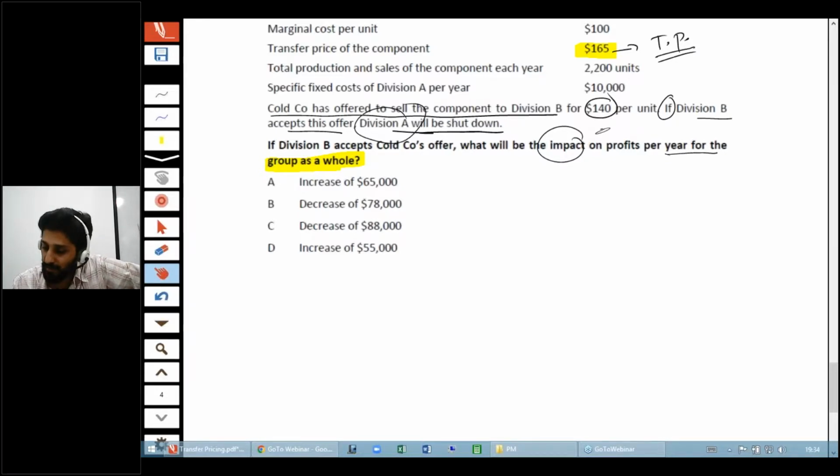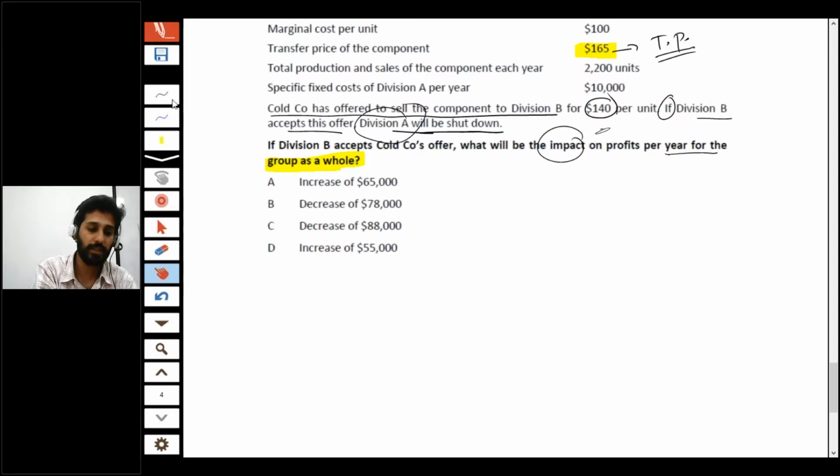At 165, I am purchasing it from you, and the supplier is ready to give me at $140. So I will be purchasing it at $140. So $25 is being saved from my side, and your division will shut down. So you need to take the impact for the collective group.